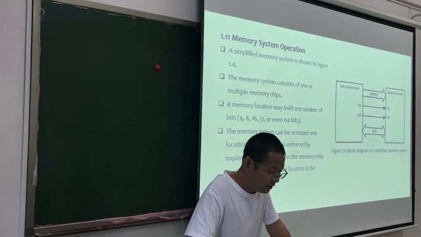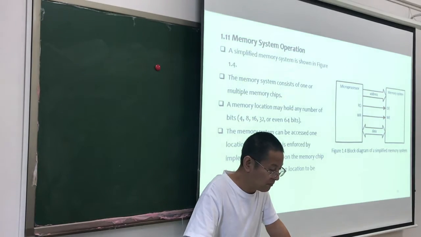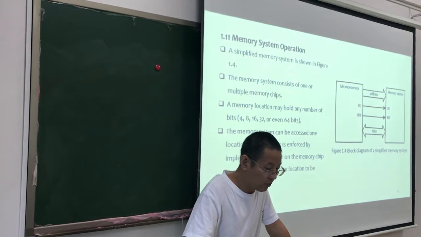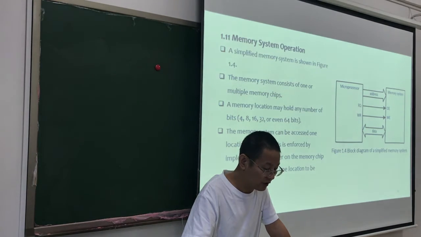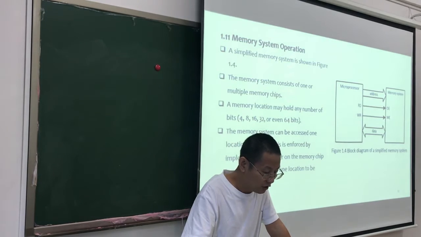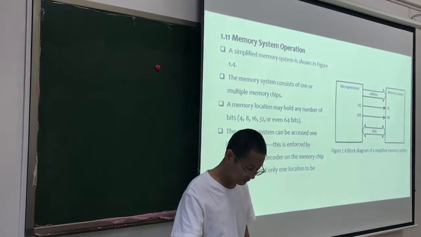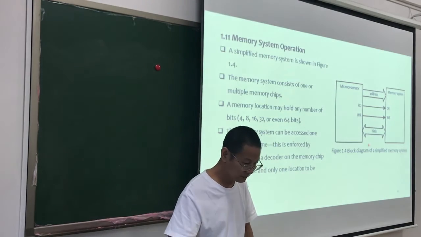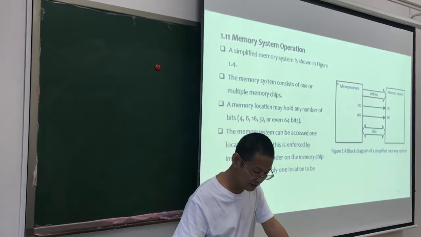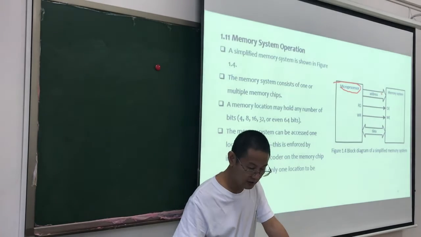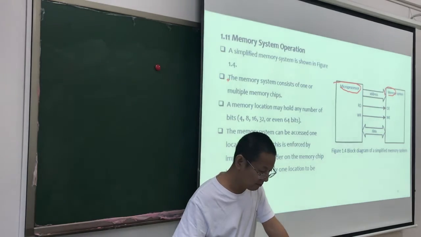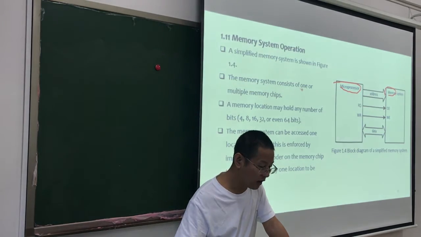Next, I introduce the memory system operation. A simplified memory system is shown in figure 1.4. This is a microprocessor. This is the memory. The memory system consists of one or multiple memory chips.